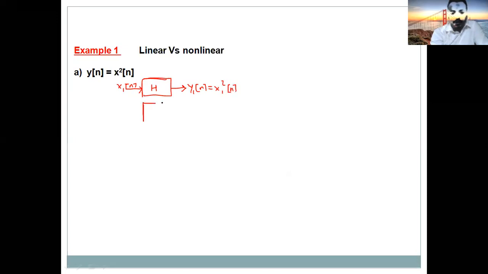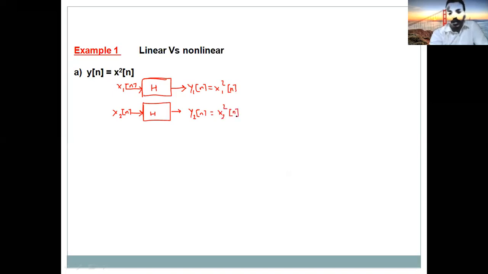Now when you apply the same system, squaring device, another input, x2 of n, what will be the output? The output will be another y2 of n, which is equal to, what is the input? x2. So it will be x2 square. This is the second output.